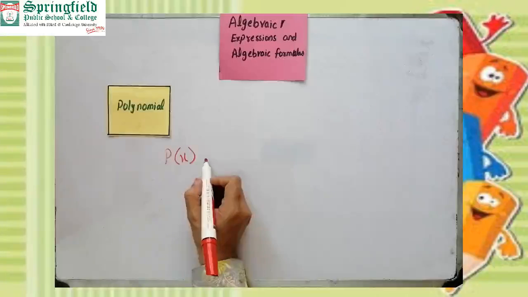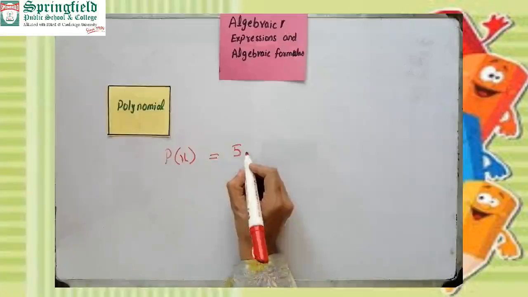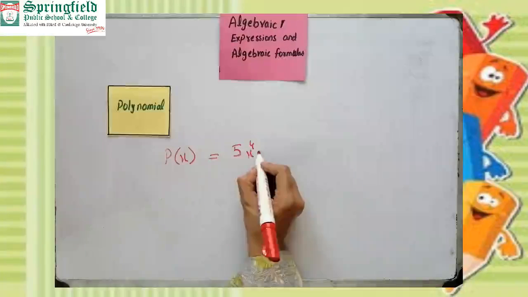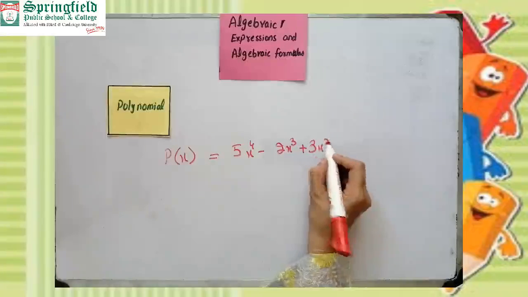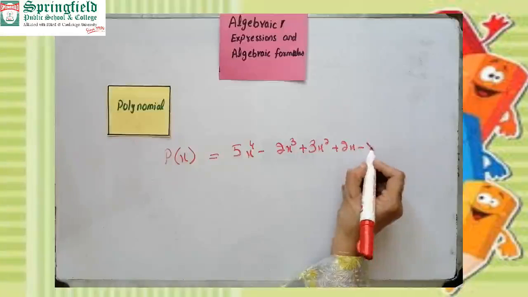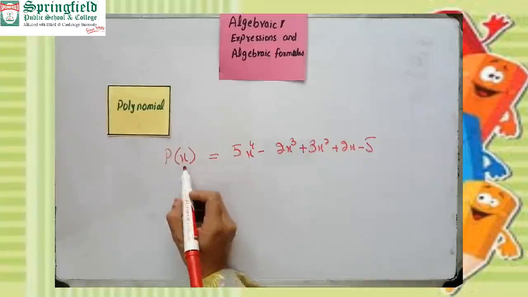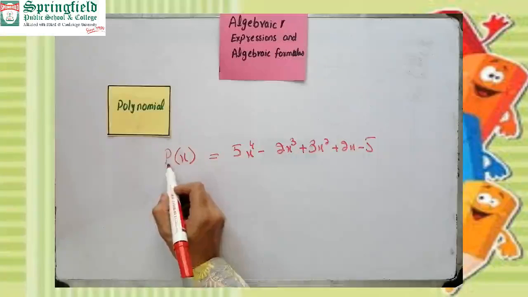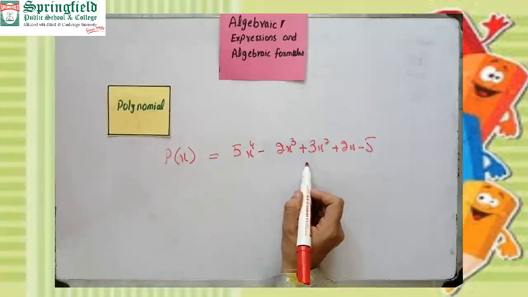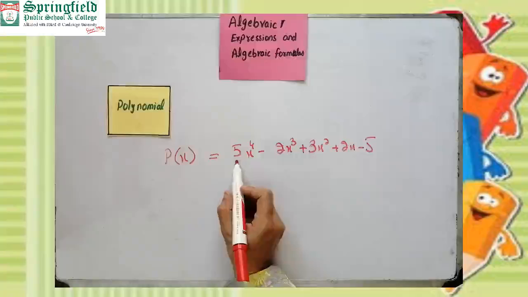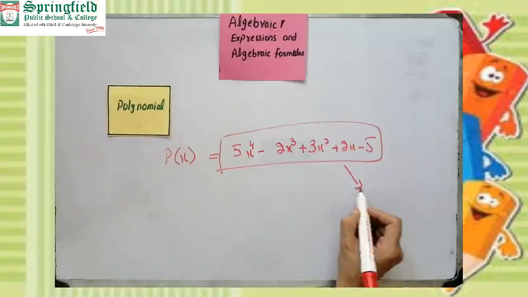Here we are talking about the variable x. Let the function be 5x^4 minus 2x^3 plus 3x square plus 2x minus 5. Here the variable x is used, so we write the polynomial as p of x. This type of expression is called a polynomial expression.